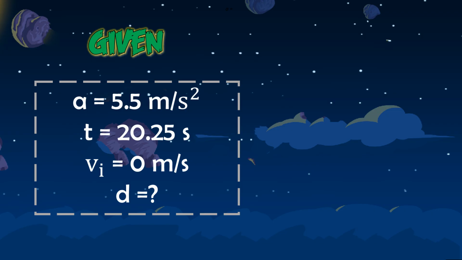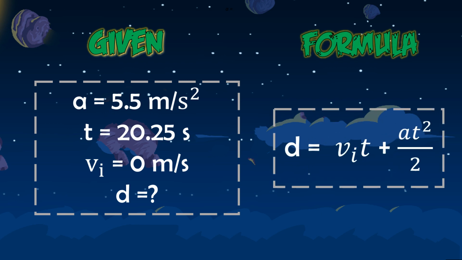Time is equal to 20.25 seconds. Initial velocity is 0 meter per second and we are looking for the displacement. The formula we are going to use is initial velocity times time plus acceleration times time squared all over 2.